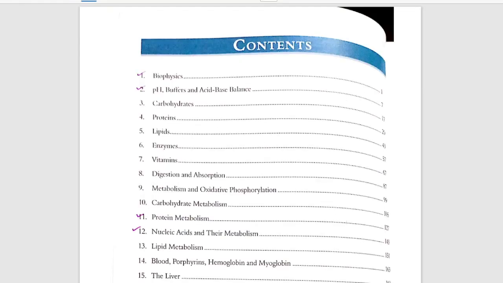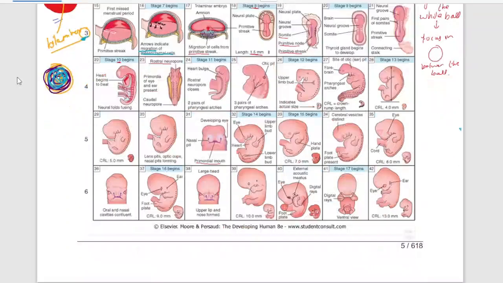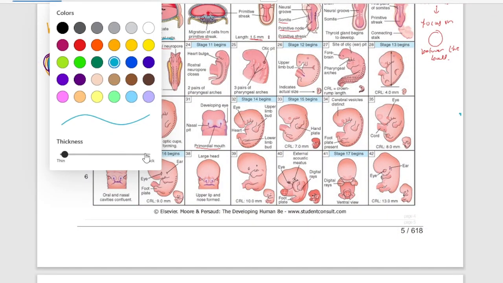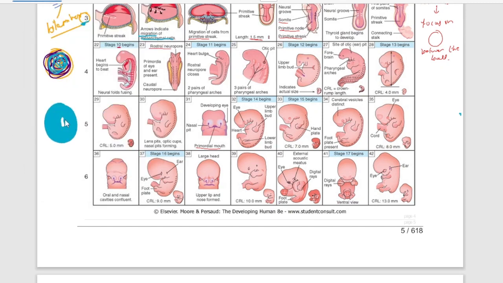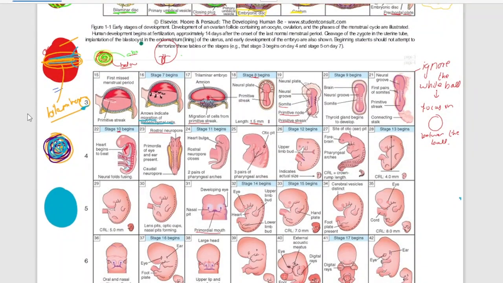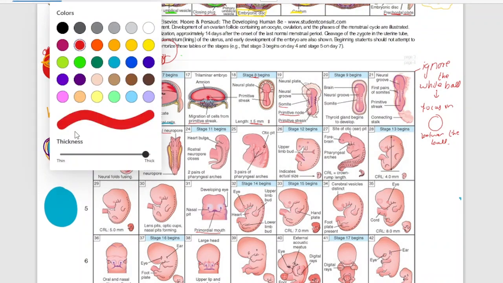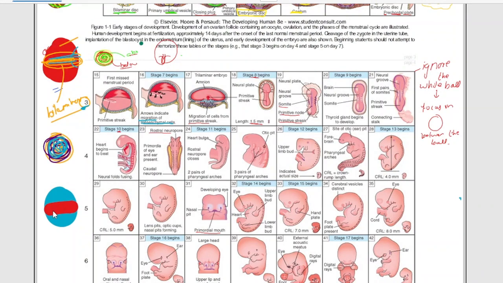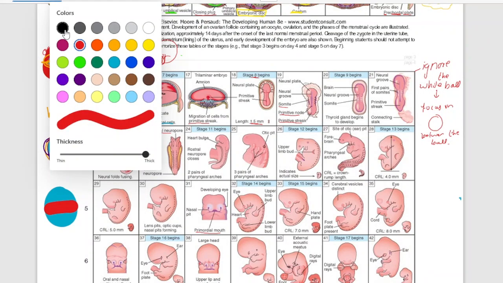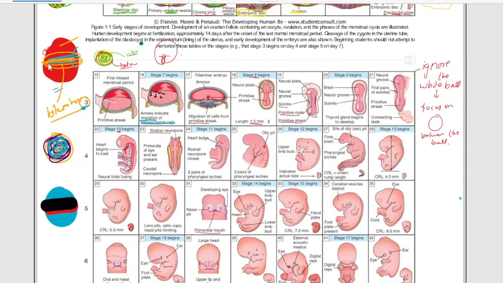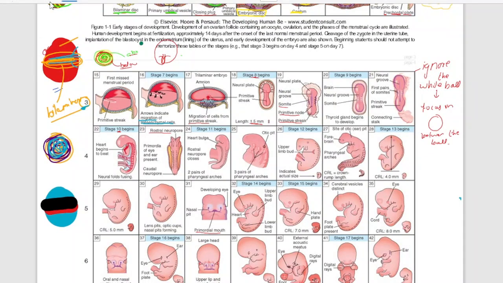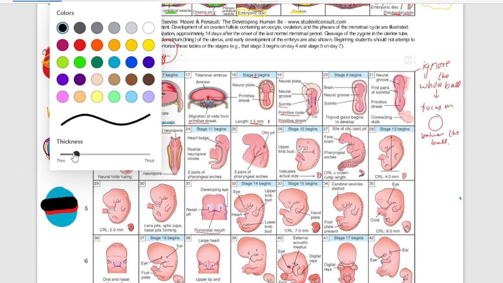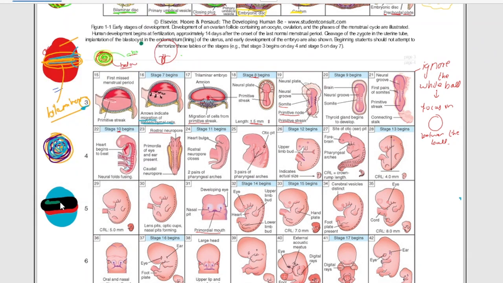Inside the ball, actually here a three-layer form, that is called gastrulation. One layer, two layer, three layer. Three layers are formed here.